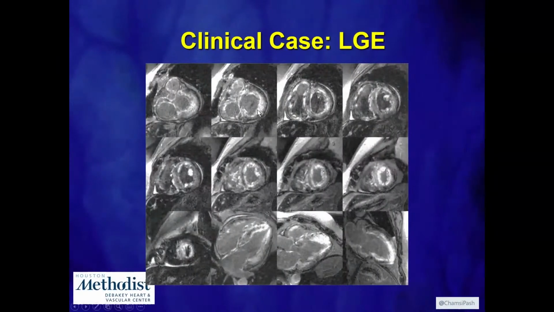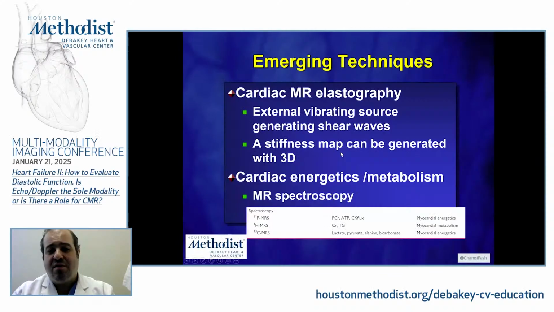When I add tissue characterization with the late gadolinium enhancement, I can see a diffuse, classic, near circumferential subendocardial late gadolinium enhancement, which is white. And that white is all myocardial infiltration. There's also significant uptake of LGE in the right ventricle and the interatrial septum. So this is a classic case of amyloid heart disease.